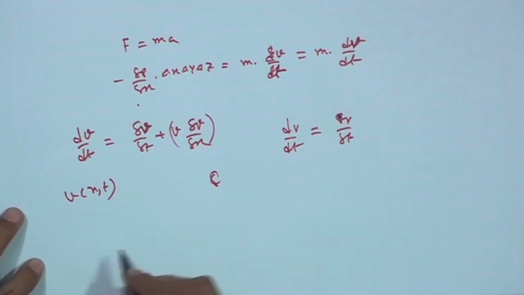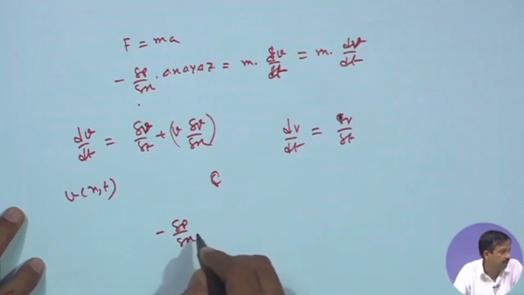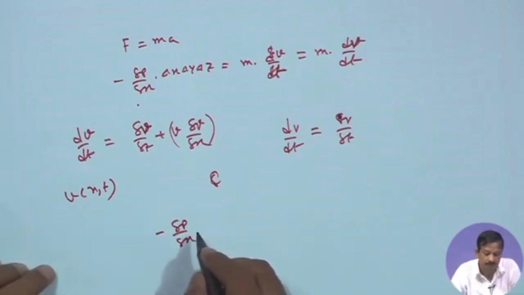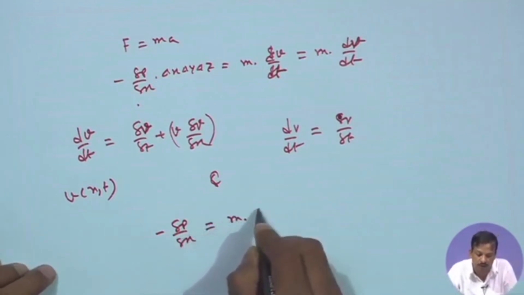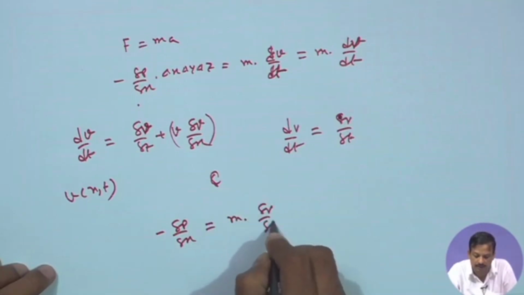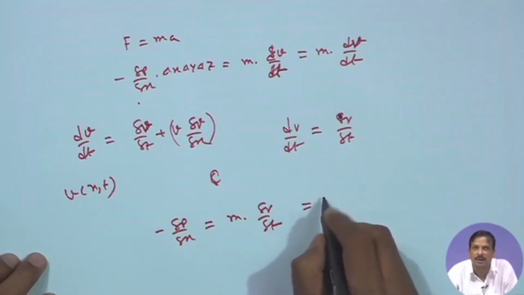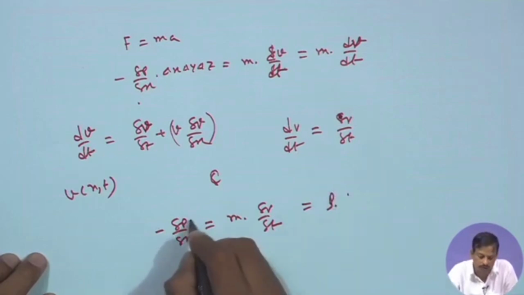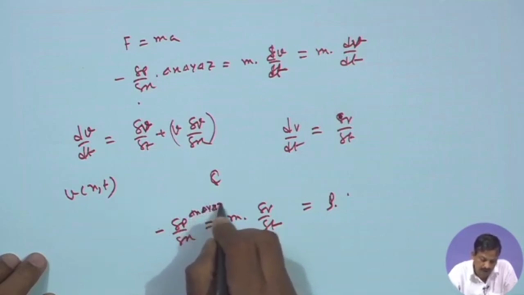In that case, I can write minus del p by del x is equal to m into del v by del t. What is m? m is nothing but density into volume, which is rho into del x del y del z.